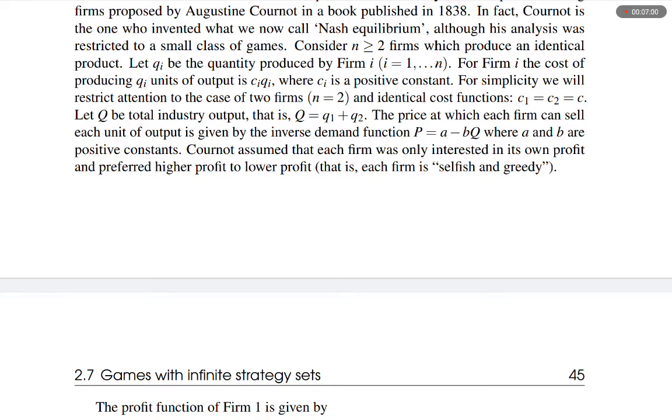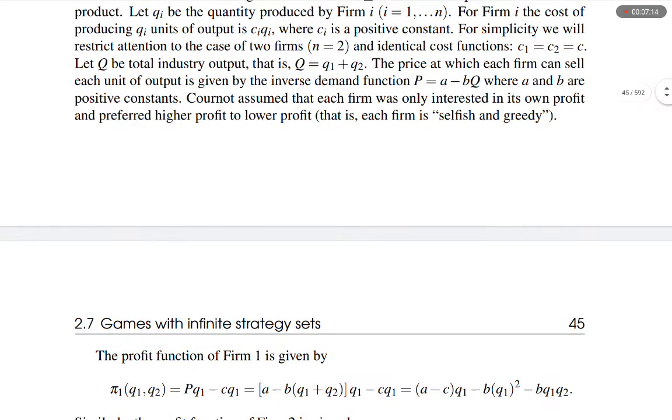For firm i, the cost of producing qi units of output is ci qi, where ci is a positive constant. For simplicity, we will restrict attention to the case of 2 firms (n = 2) and identical cost functions: c1 = c2 = c.